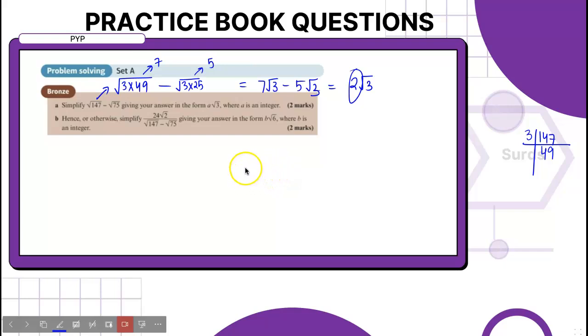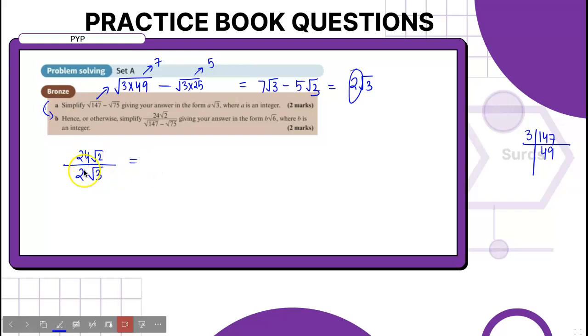It was easy, no? Okay, the next question. For the top part we have to take things from the A part. So you have 24 root 2 over the top thing, and the top thing simplifies to 2 root 3.